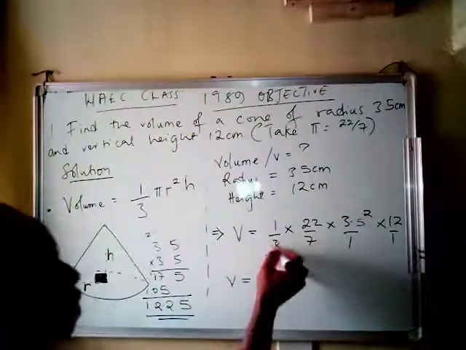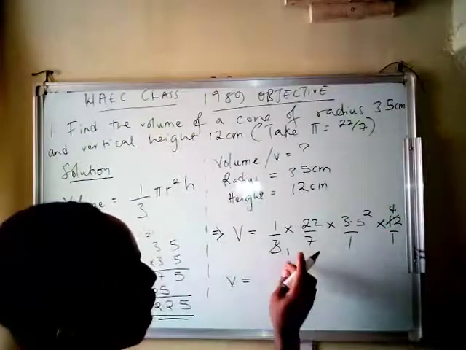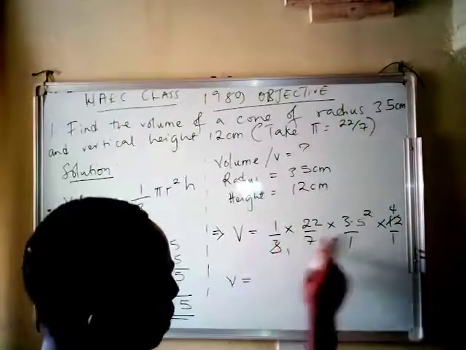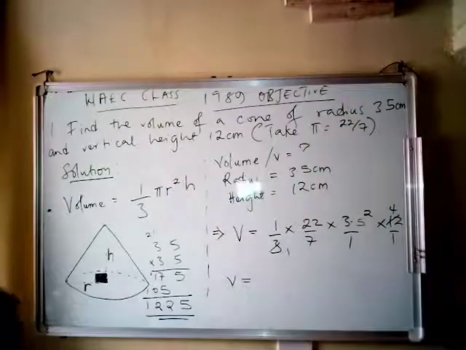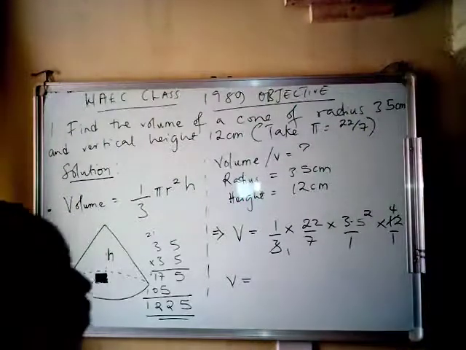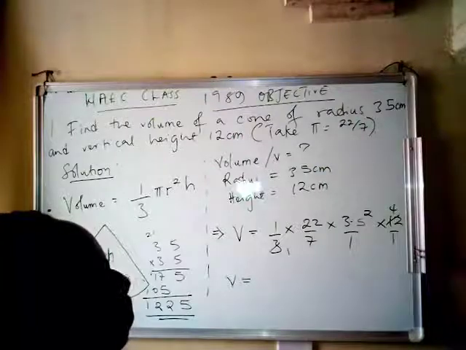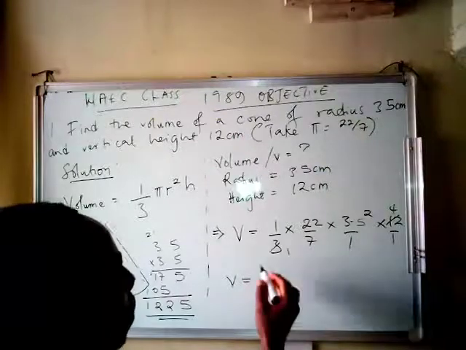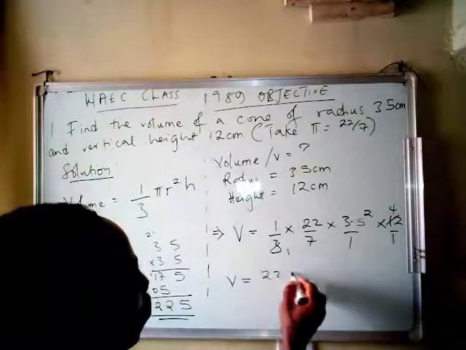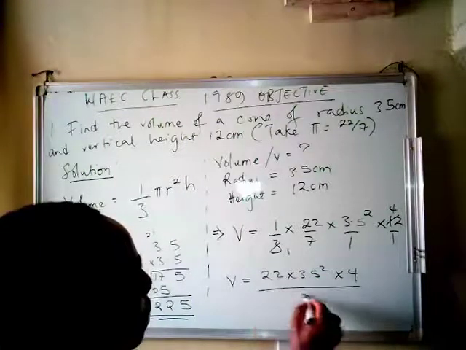So I'm having 3 here as 1, 3 here as 4. Notice that we have only 7 as a denominator for all the fractions that you have there. So now, having done that, we are going to have 22 times 3.5 squared times 4 over 7 left.